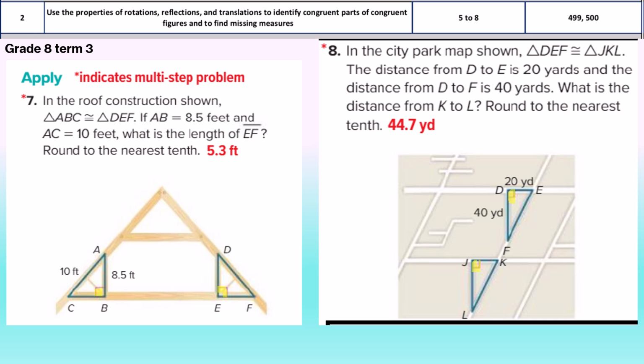When we look at the first one, example 7, we can see that we've got 10 feet, which is our hypotenuse. And if I look at example 8, this is my hypotenuse, but I do not have the value. So what do I do?